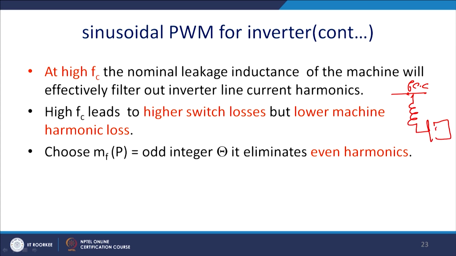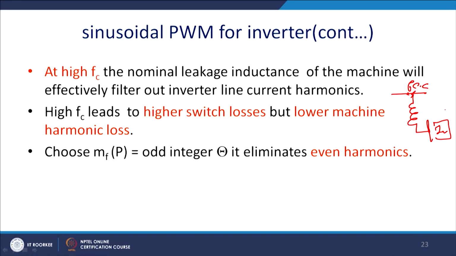Since there is an instantaneous difference between the phase or line voltage value and the pole of the inverter, we put an inductor. Ultimately, this inductor itself also filters out the high frequency harmonics.